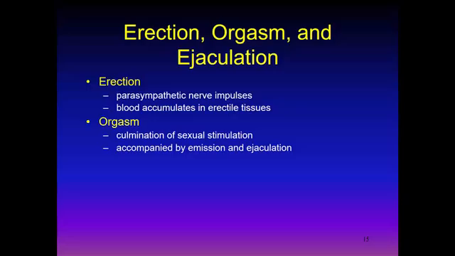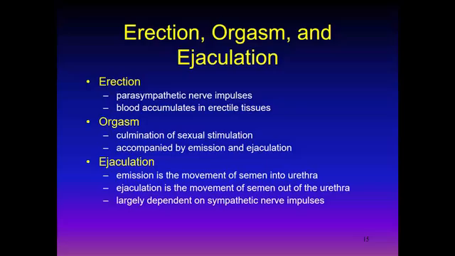This causes sperm to be pushed into the urethra. Semen is made, mixing occurs, and because the act of ejaculation requires sympathetic nervous system activation, it then slows the vasodilation and the erection is lost. So parasympathetic first to get an erection, and then sympathetic nervous system to get ejaculation.